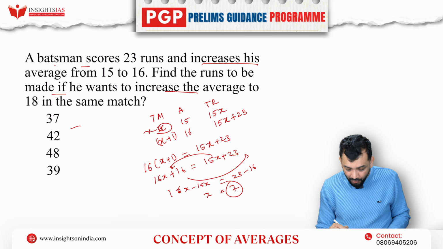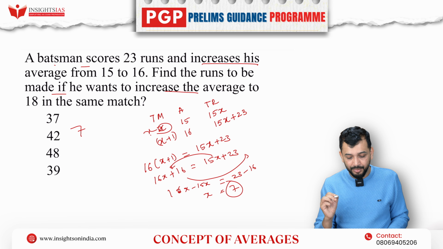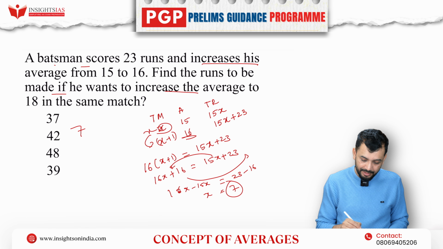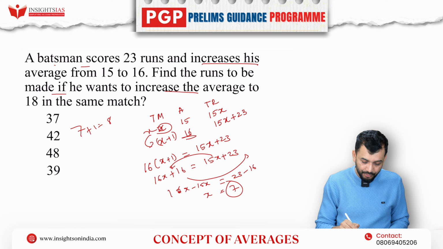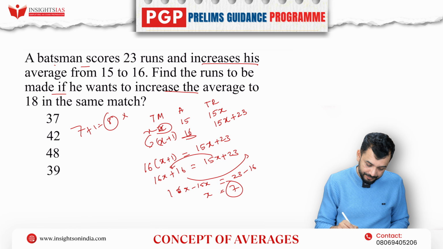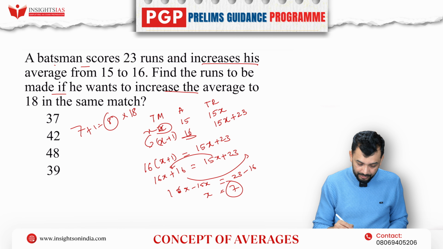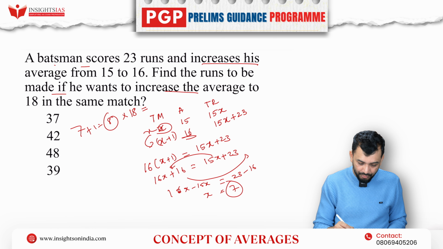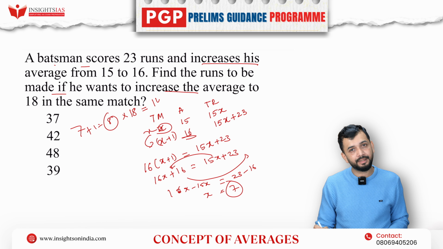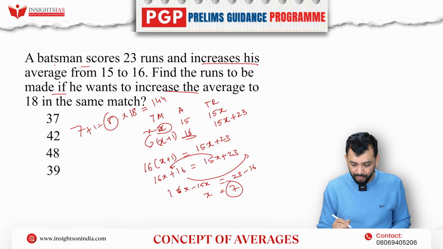Okay. Now in the next match, instead of 16, how much does he have to score? In the next match, the total number of matches is 7 plus 1, that is 8. Now the average he wants to reach is 18, so 8 into 18 will be basically how much? 144, right? So total runs he has to make is 144.